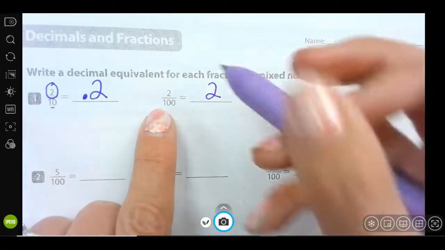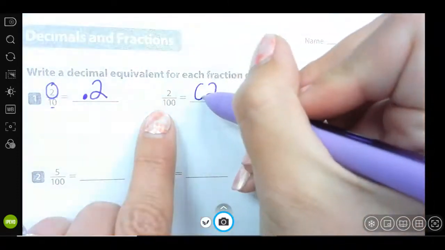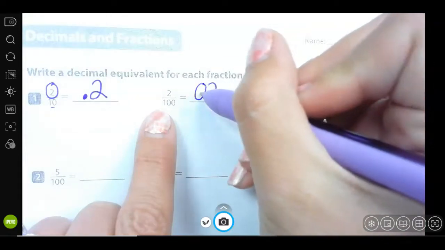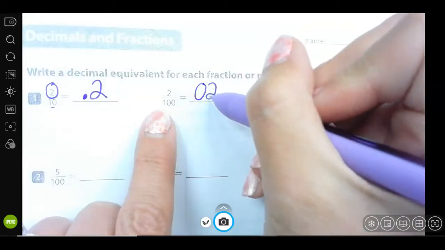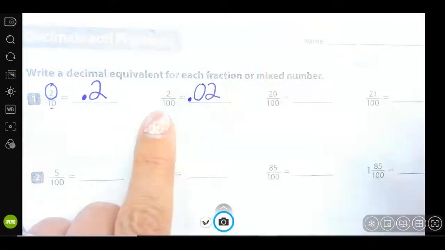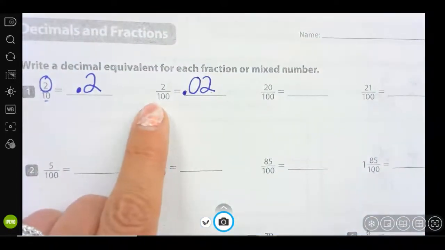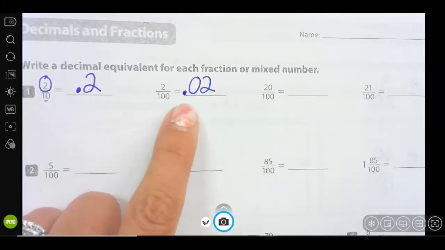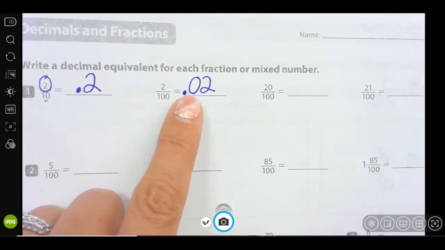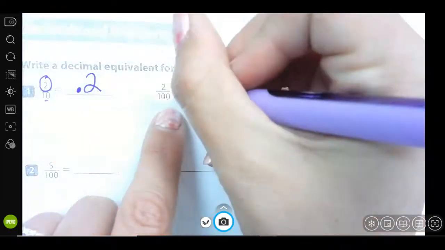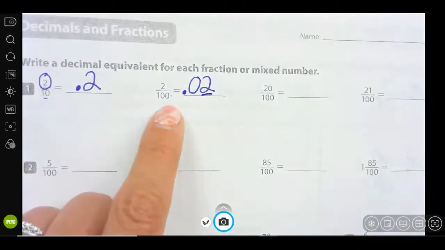Hundredths. So I'm going to put a 0 here because the 0 is in the tenths and the 2 is in the hundredths.